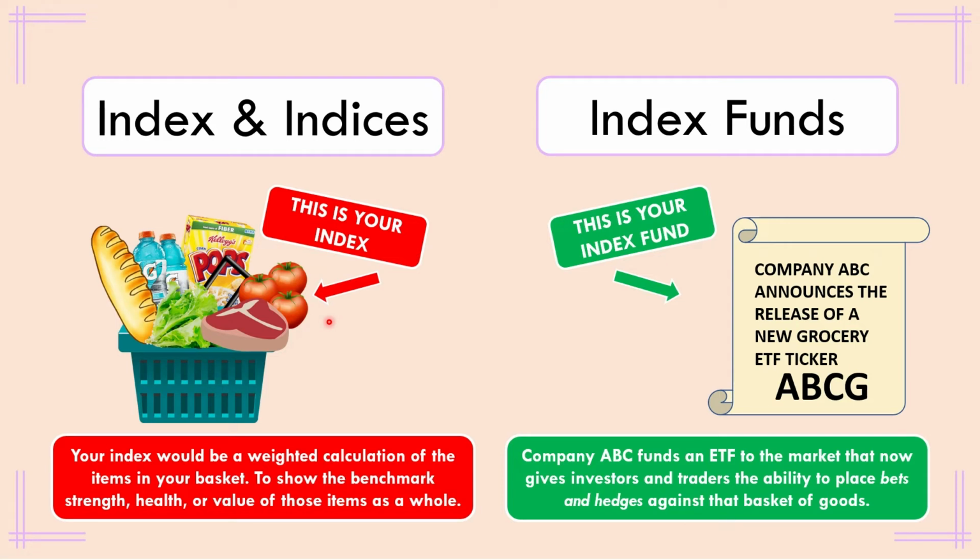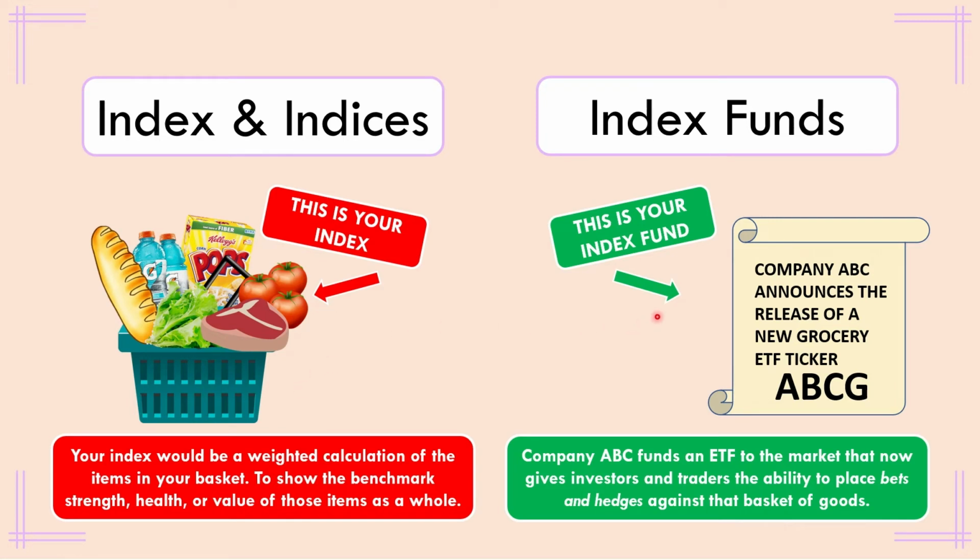Now on the right, we have our index fund. So think of it like this. Company ABC comes back around, and what they want to do is provide the market an opportunity to trade off of, let's say, our major grocery index.